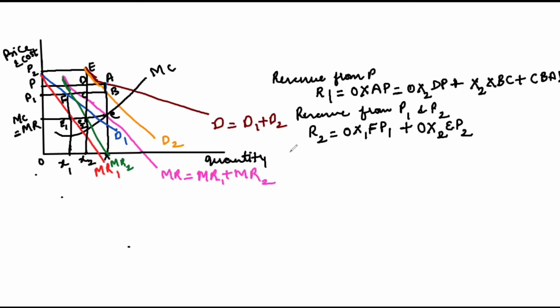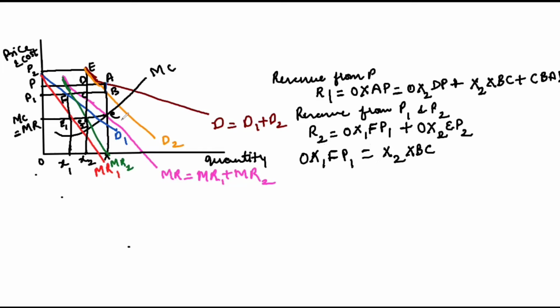And basically, we can write OX1FP1 as equal to X2XBC.